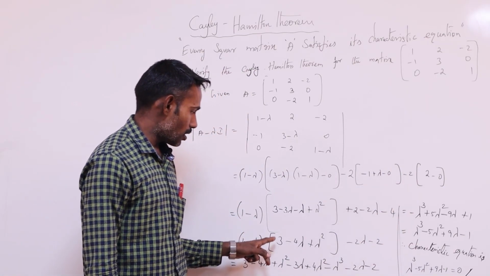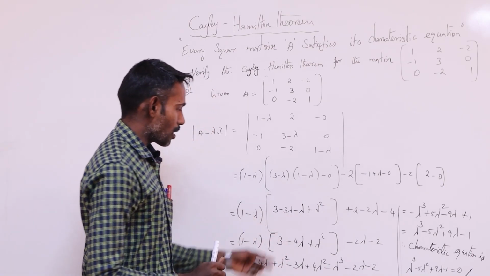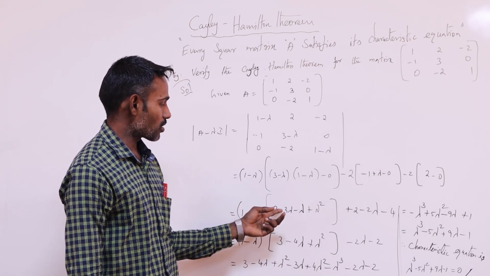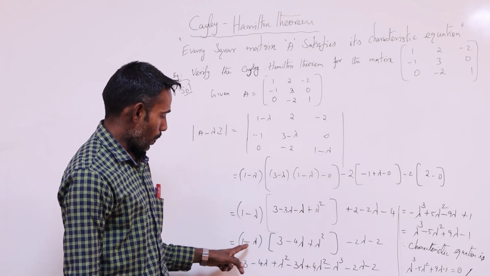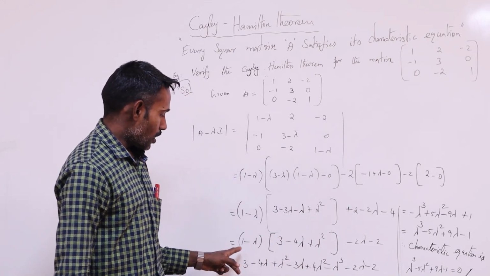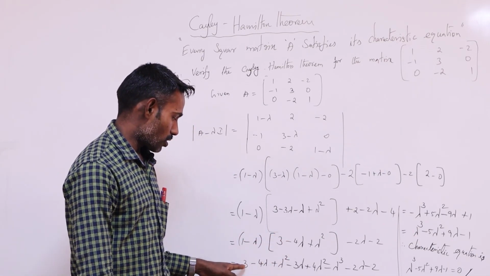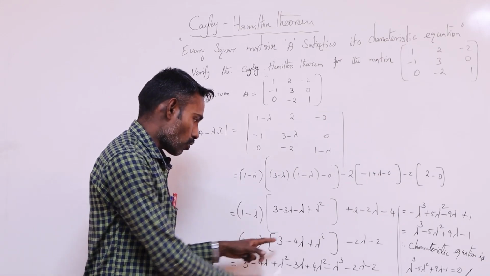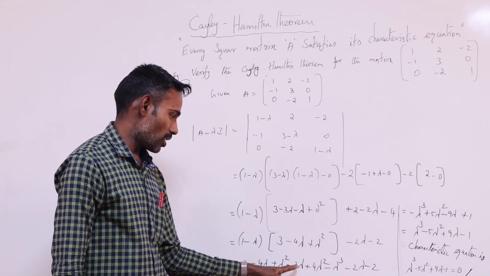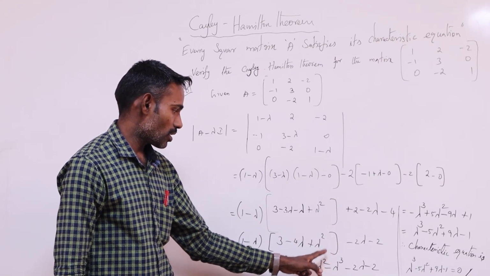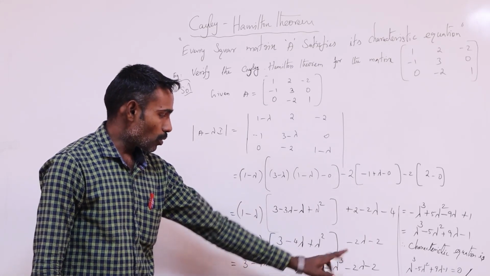So 1 minus lambda into, simplifying, minus lambda plus minus 3 lambda, so minus 4 lambda plus lambda squared. Again multiply 1 minus lambda into the quadratic: 3 minus 4 lambda plus lambda squared, again minus lambda, minus 3 lambda plus 4 lambda squared minus lambda cube, minus 2 lambda minus 2.